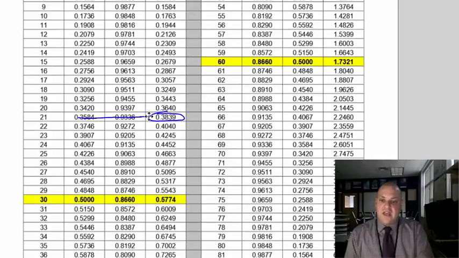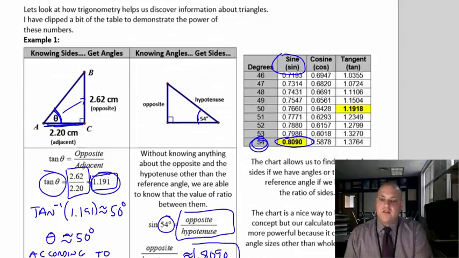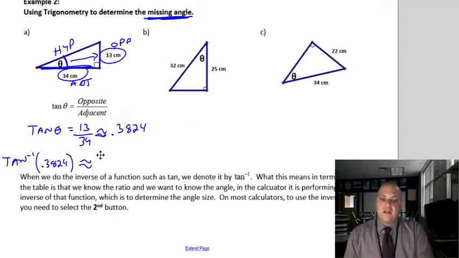And if you look, that is 21 degrees. So 21 degrees is the closest I can get using my trig chart. So I know that theta is approximately 21 degrees.